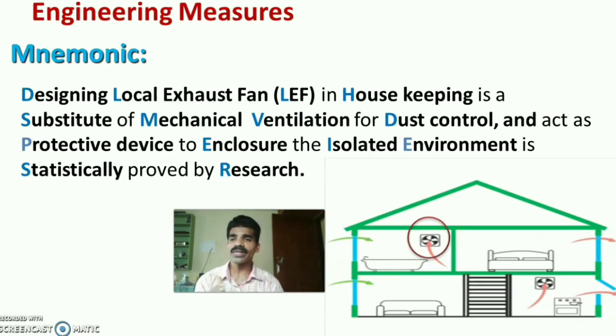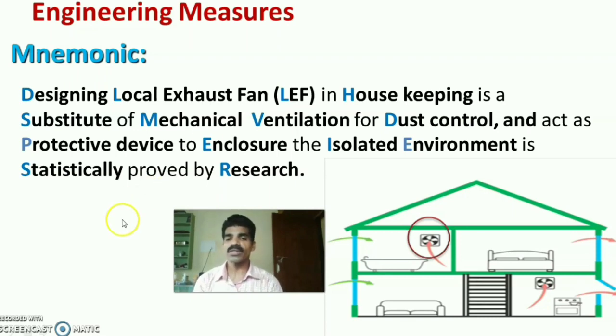Now we can go through the mnemonic once again. That is the mnemonic I have made for engineering measures: designing, local exhaust fan, housekeeping, is a substitute of mechanical ventilation for dust control and it acts as a protective device to enclosure, the isolated environment is statistically proved by research.